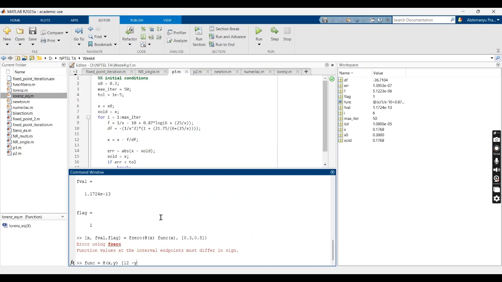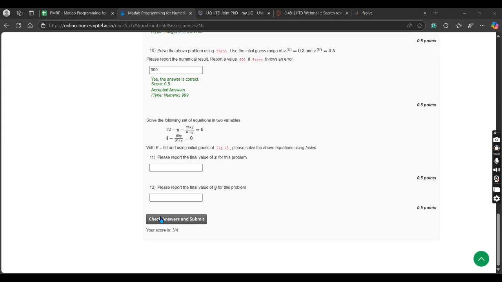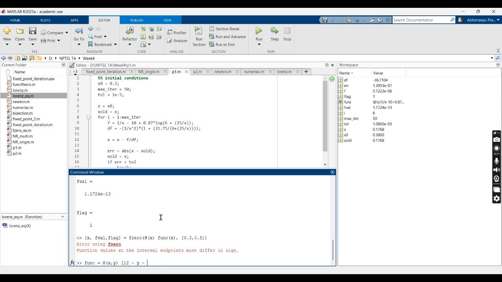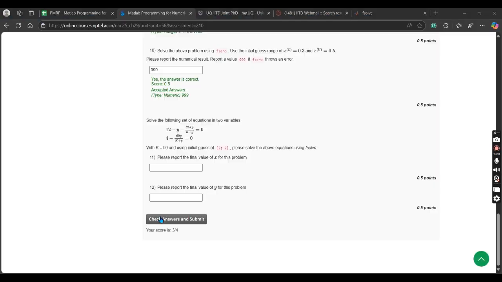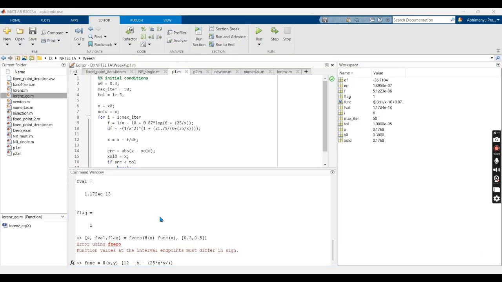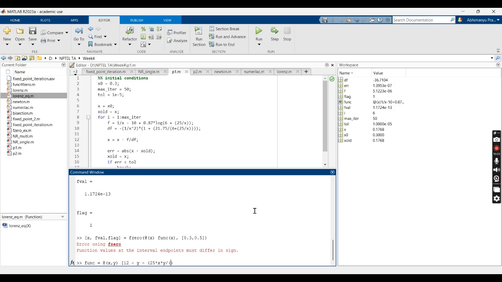I myself have not created a two-dimensional function handle before. Minus 10, 25 into x into y divided by k plus. So they have given us a k value of 50, so I'll just write 50 over here.